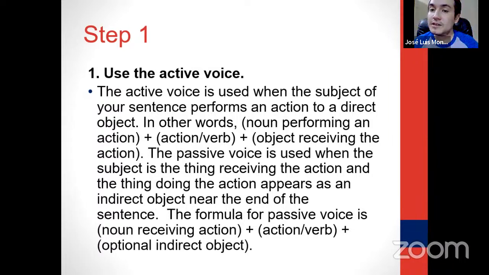In other words, a noun performing an action plus the action, that is the verb, and the object receiving the action. The passive voice is used when the subject is the thing receiving the action and the thing doing the action appears as an indirect object near the end of the sentence. The formula for passive voice is noun receiving the action plus action verb and an optional indirect object.